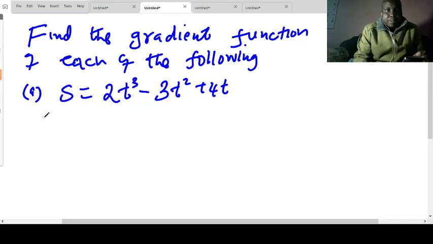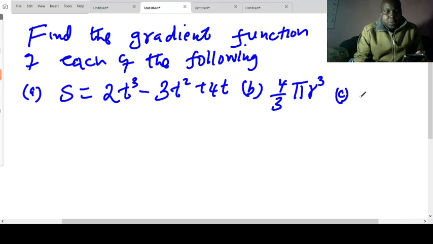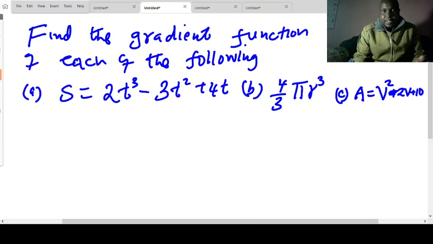And then number B, let me write B here. We have 4 over 3 pi r cube. And then number C, we have A is equal to V square minus 2V plus 10, right?